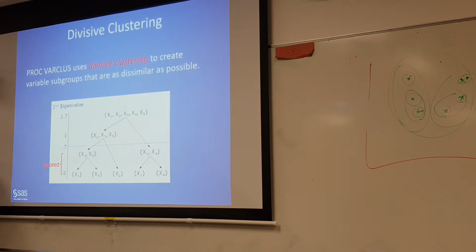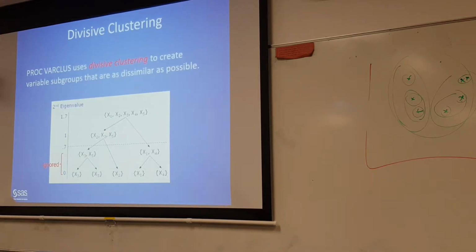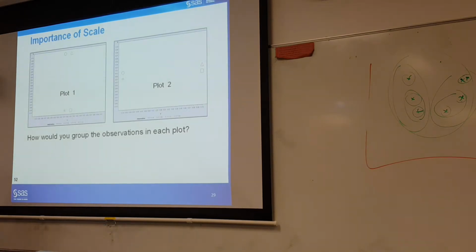If all your variables can be represented in one dimension, then there's no need to split it. There's really only one variable here. But if you've got a big second eigenvalue, then you need more than one dimension, so you really need two variables to split it up, and that's one of the criteria it could use to determine whether to split something. But once again, that's outside the course itself. I just throw it in there because it is quite useful.